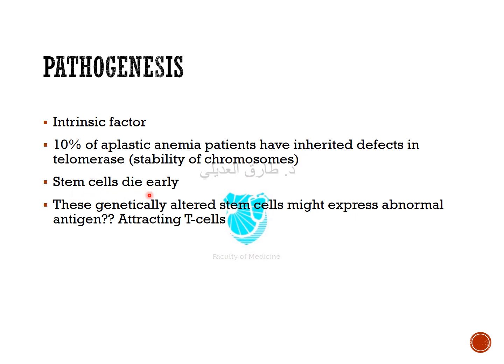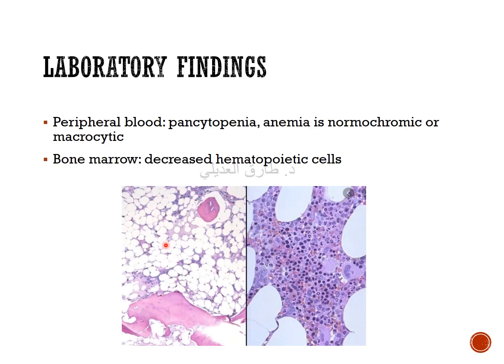However, what is the explanation of the clinical response to immune suppression? These defective stem cells, because they have defects in the telomerase, might also have additional abnormal antigens, so the T cells identify them as foreign and destroy them.